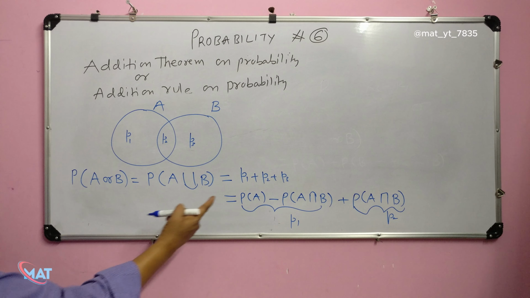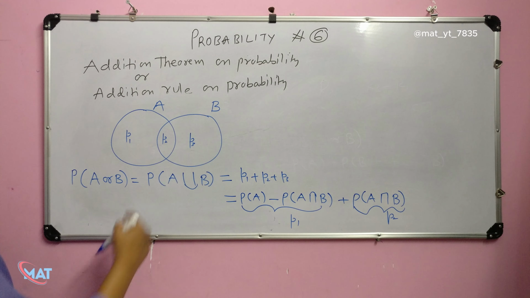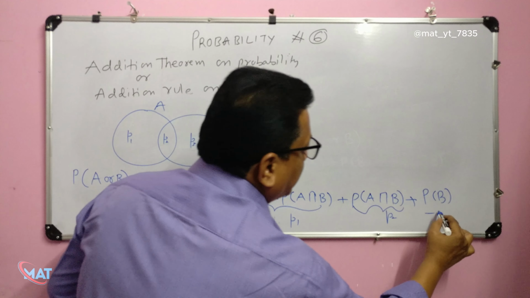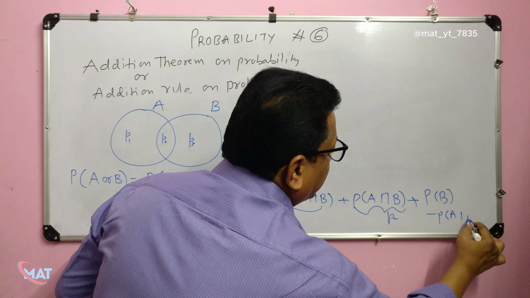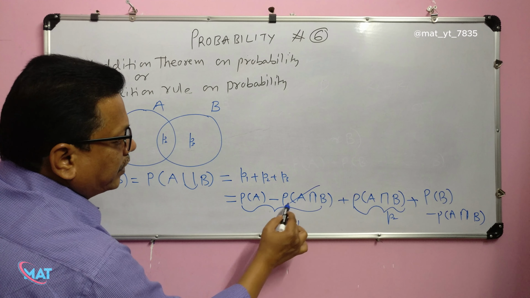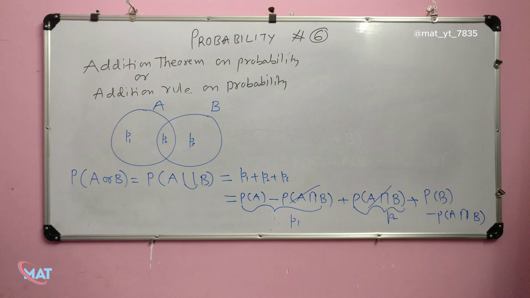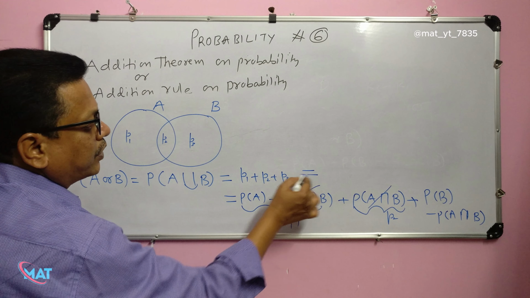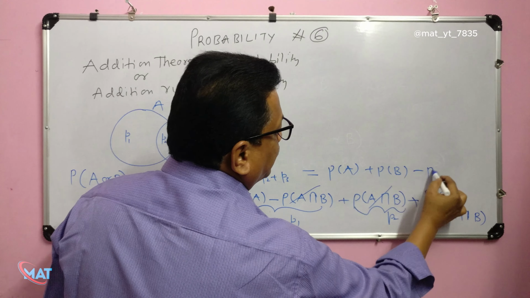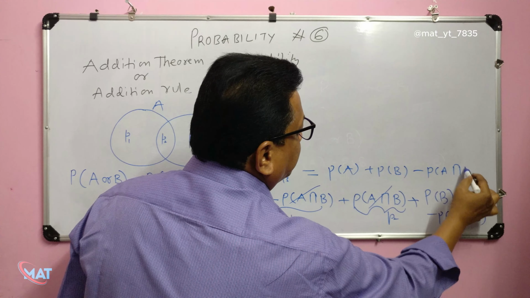Next P3, same as P1, is the probability of B minus this part, the probability of A intersection B. You see, we can cancel off one pair of A intersection B. The leftover is the probability of A plus the probability of B minus the probability of A intersection B.